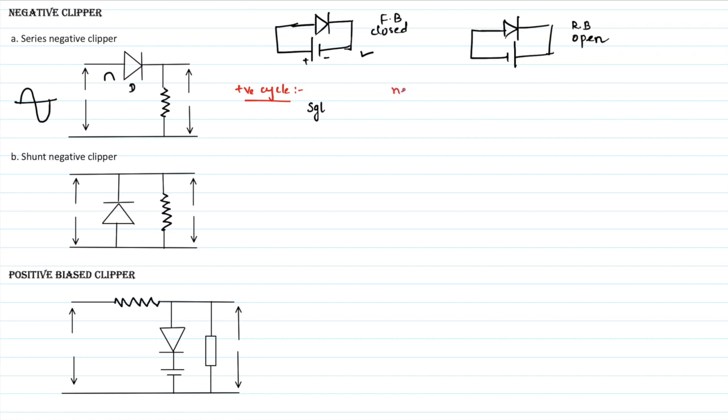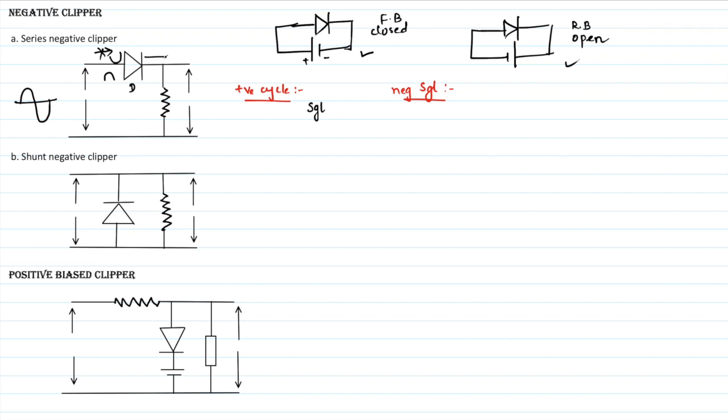For negative signal, let's see how it works. Now you are giving a negative signal. When negative is given to anode, this condition, the diode will become open. Now when it becomes open, no current will flow across the diode.